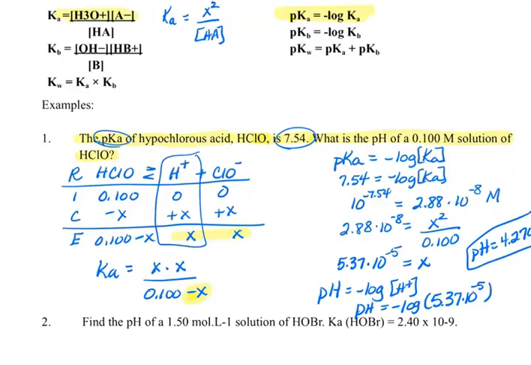Now, that's if you don't know one of those values. You know, if you don't know your hydronium ion or you don't know your conjugate base, one or the other. Okay? So, that is example 1.